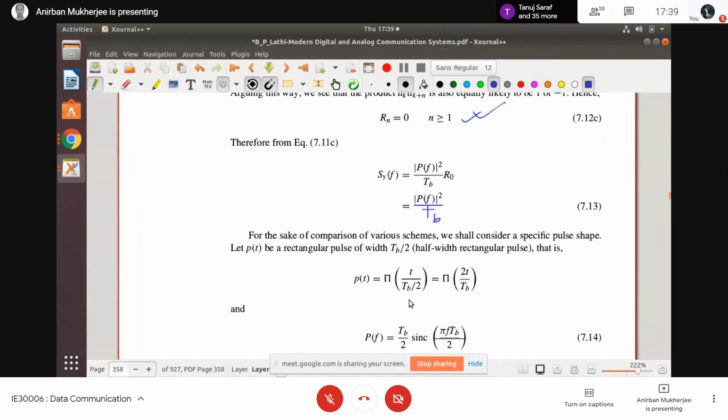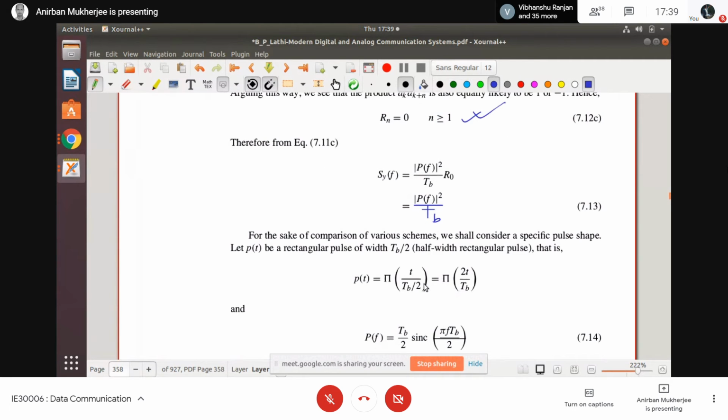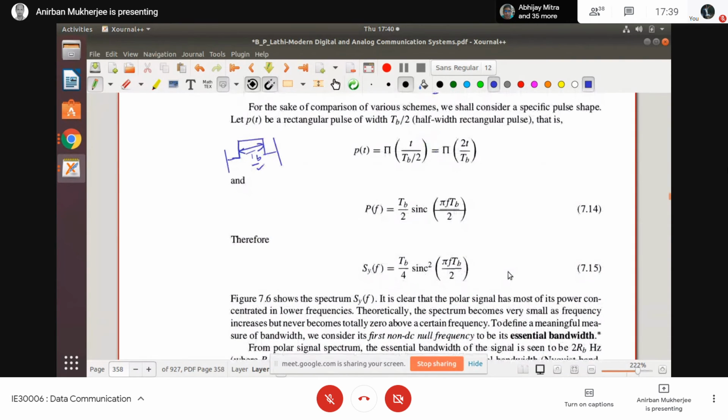If you have p(t) as a rectangular pulse with width TB by 2, and the rest of the whole thing is TB, then what is the frequency response?